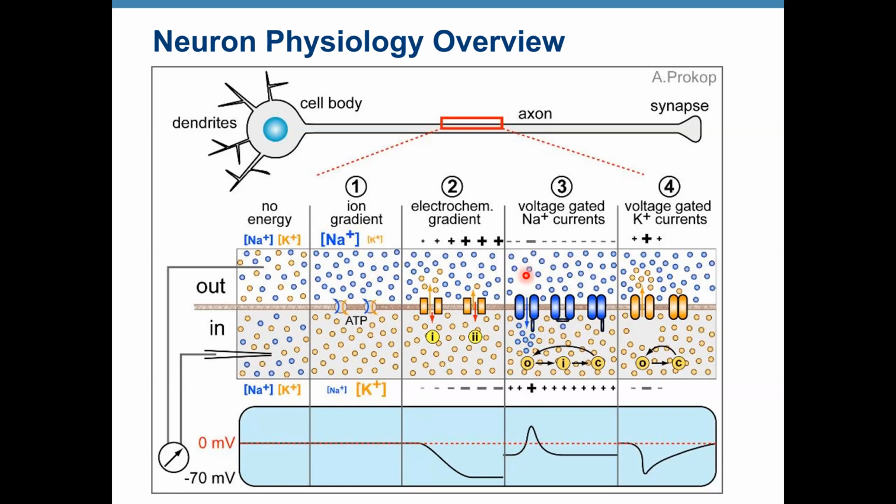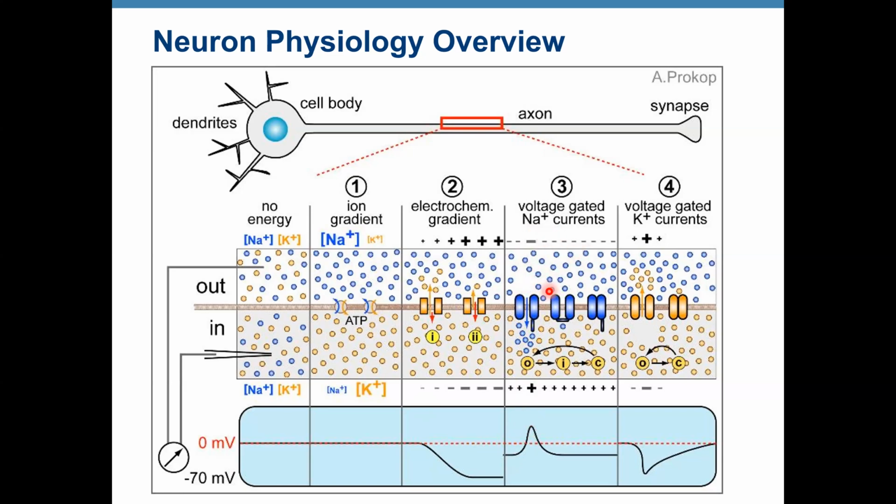And if enough sodium moves in and we go from -70 to -55, then the voltage gated sodium channels open. And a whole bunch of sodium moves in and the cell becomes positive inside and reaches +30, right?